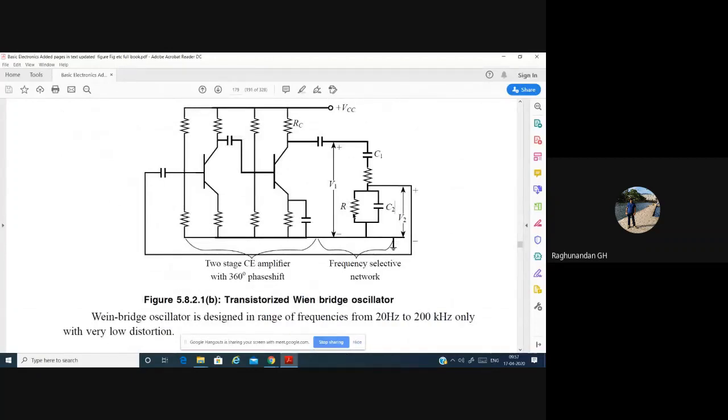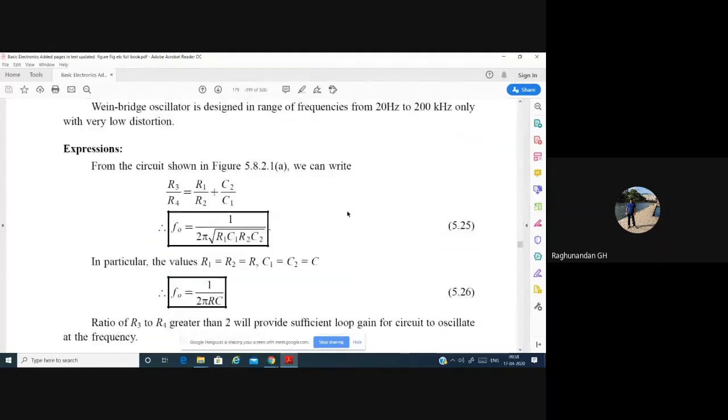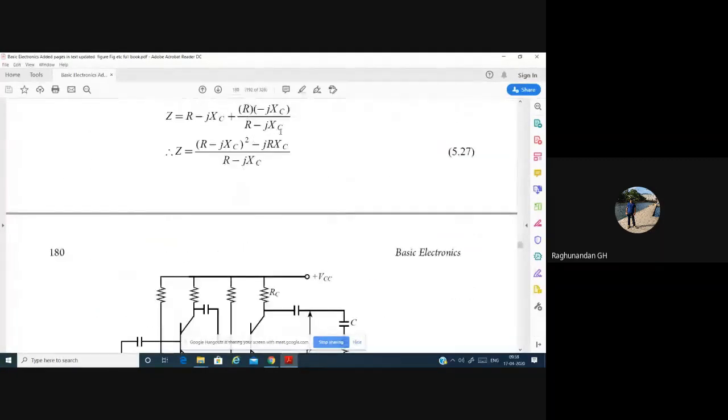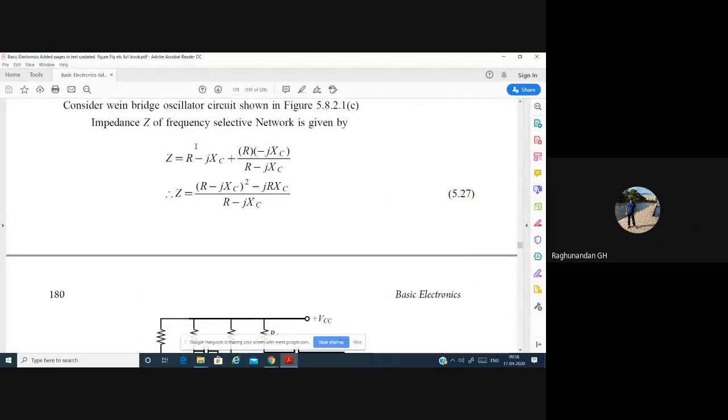When any two resistances are in parallel, we have the formula R1 R2 by R1 plus R2. So now R into minus jXC, which is the reactance of this, divided by R minus jXC. So we have taken the total impedance. After that, we have to just simplify this.